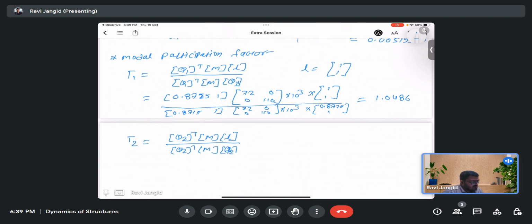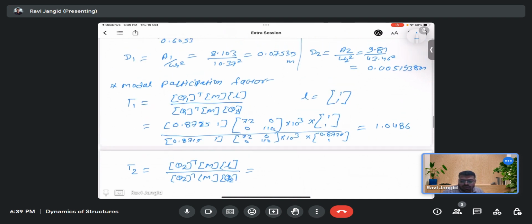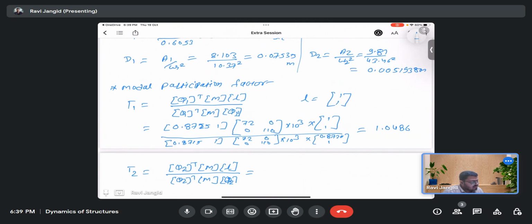Your phi 2 is minus 1.75211, 1, and L is 1 1.